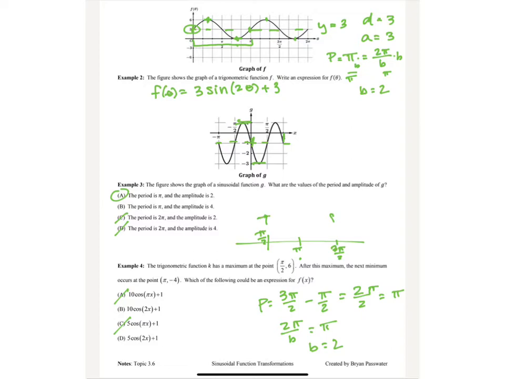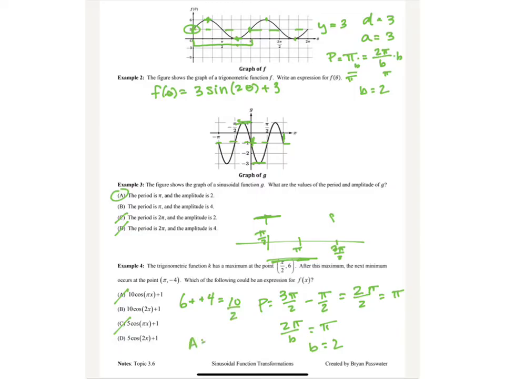Maximum happens at 6. Minimum happens at -4. So you can take the distance between 6 minus -4, that's 10. Does that give me amplitude? That's the distance from maximum to minimum. No. I got to split the difference.